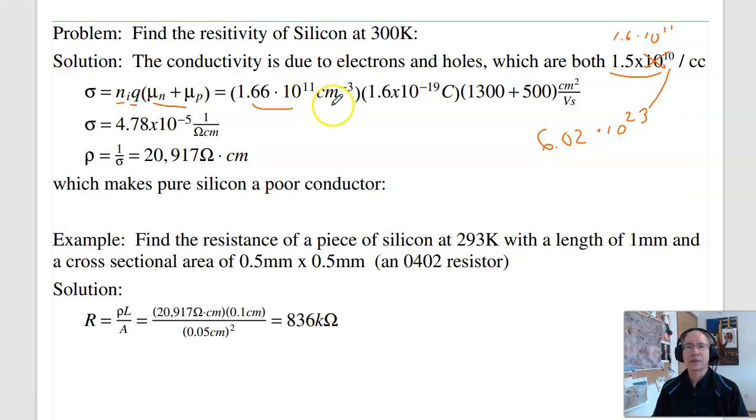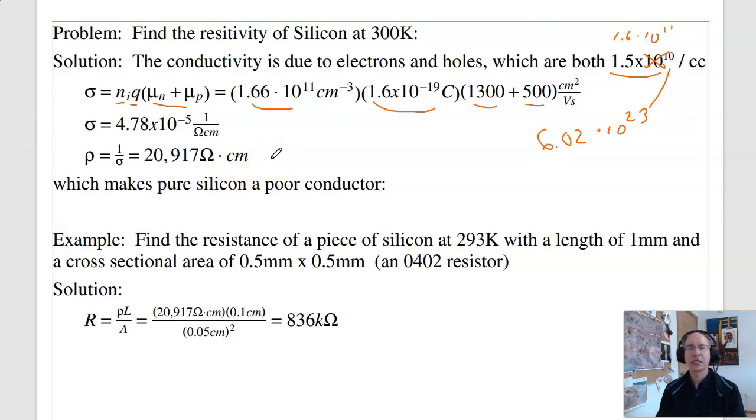Is that the mobility, or charge per carrier, is a constant. 1.9 times 10 to the minus 19 coulombs is the charge per one electron. And I have both electrons and holes carrying charge. The total mobility, or conductivity then, will be 4.78 times 10 to the minus 5, 1 over ohm centimeters. Or flipping it, the resistivity is 20,917 ohm centimeters.